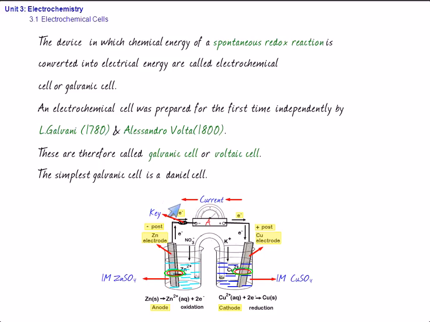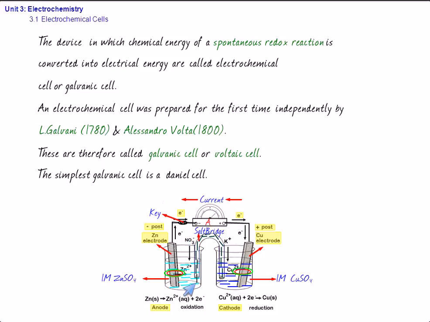Now the two solutions are connected by an inverted U tube, which is filled with an inert electrolyte in a semi-solid form, and this is called a salt bridge. This salt bridge contains KCl, K2SO4.